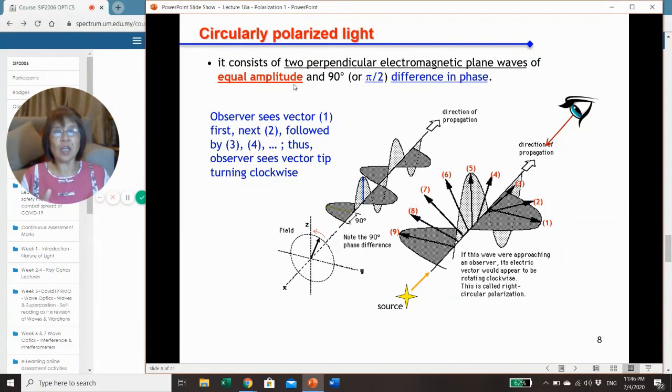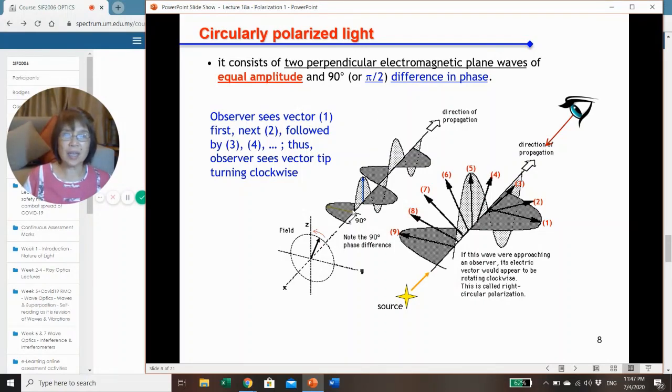So circularly polarized light actually consists of two perpendicular EM plane waves. They are of equal amplitude, okay, same amplitude, but they have a phase difference of 90 degrees, right? So these are the important features of circularly polarized light, how we represent it.